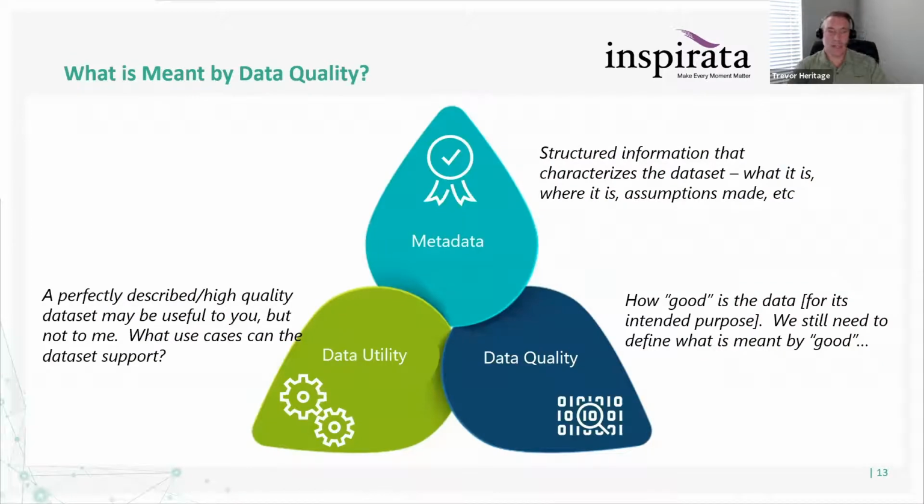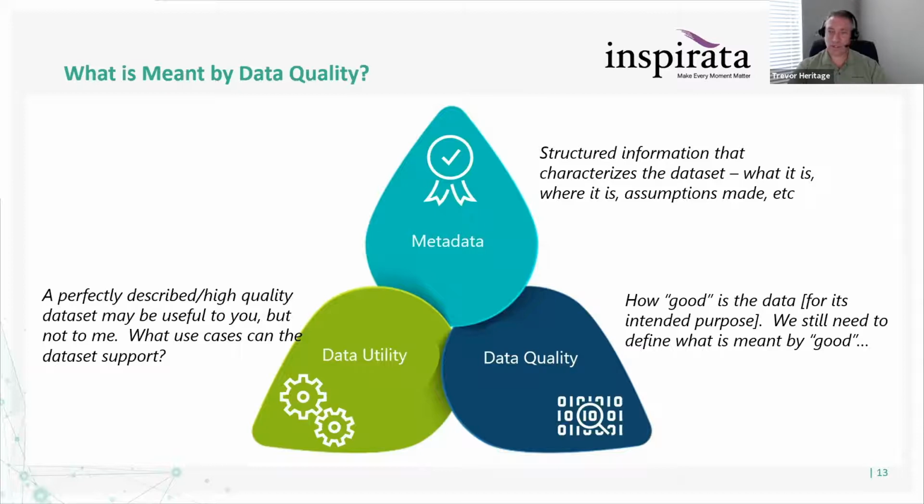Before we begin to measure data quality, it's important to know what we mean by data quality and how we are going to measure it. I think data quality really consists of 3 aspects. The first is the metadata. How well is the data set described? What is that data set? Where is it?